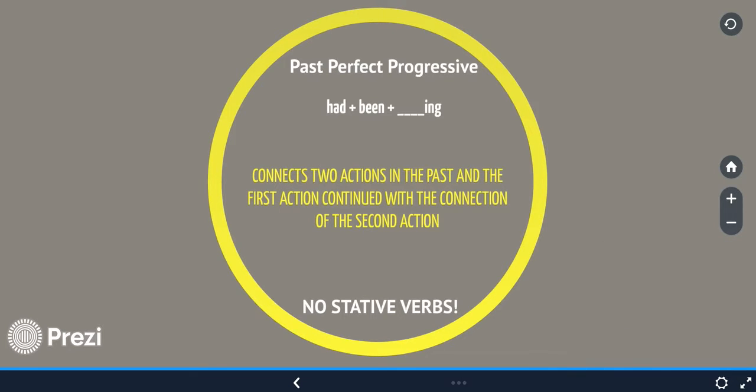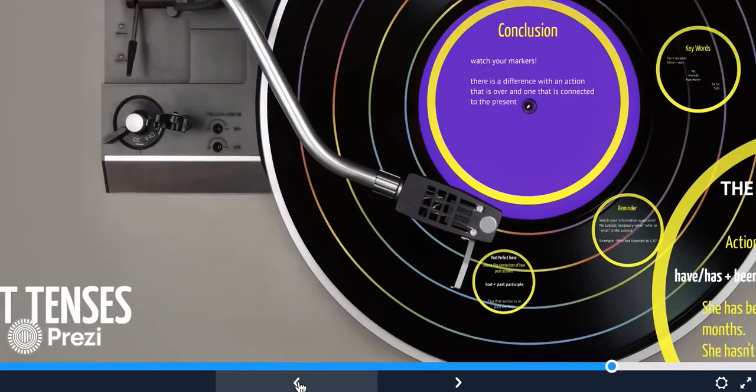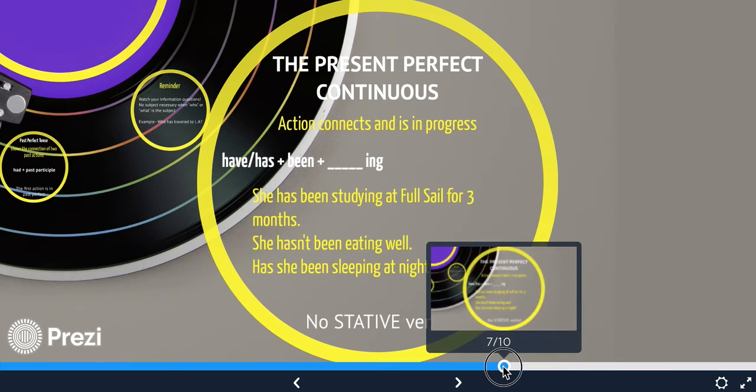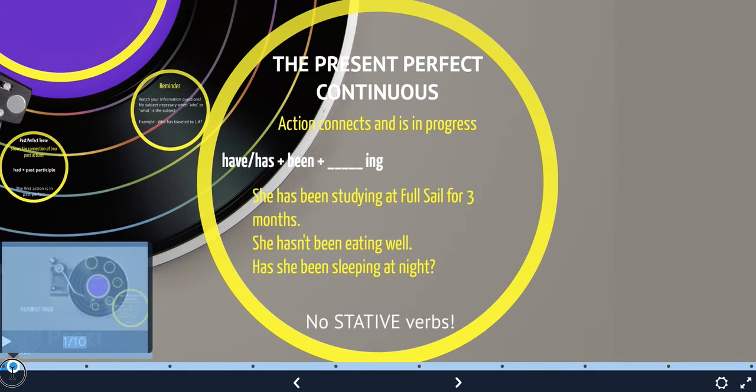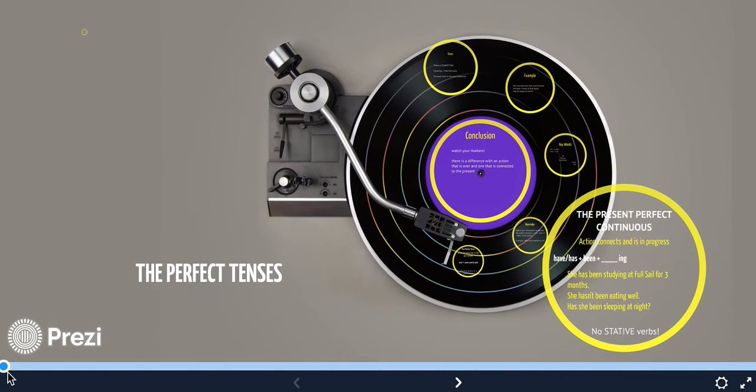The biggest part of it is to remember that it has a connection, all of them, whether it's present perfect, past perfect, or future perfect, they all show a connection to another action, or present perfect shows a connection to now. It is not a finished action necessarily.